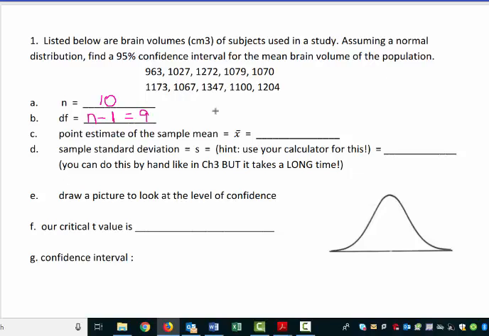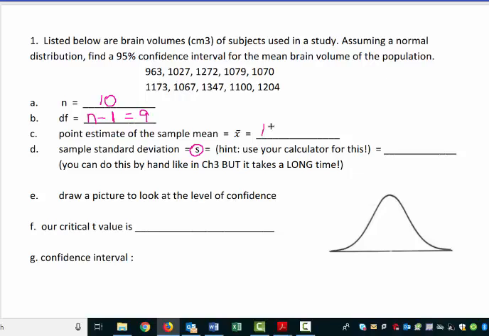So our point estimate, remember we already found this on the first page, but now we also have to get the standard deviation. So put those in your calculator just like we have always done with 1-Var, and hit 1-Var on your calculator. If you can't remember that, go back to the how to use your calculator video to put data in it.